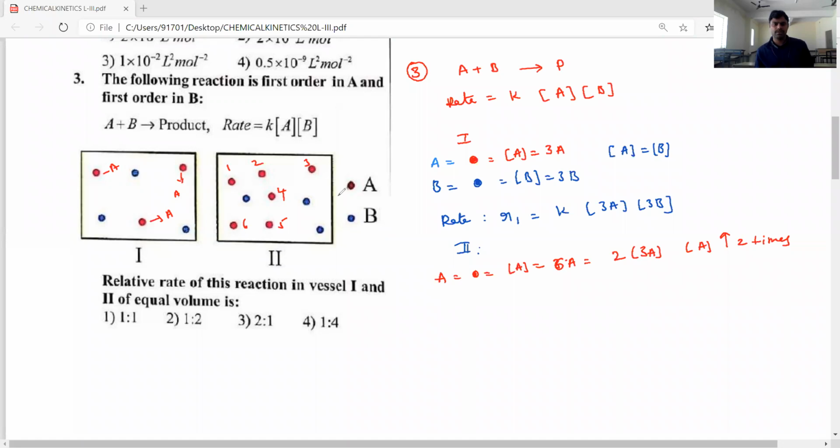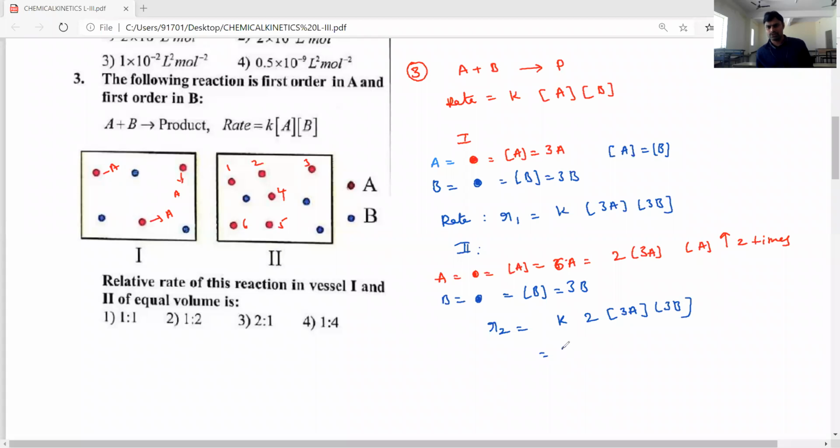But the concentration of B, these blue color dots, how many are present? 3 only. The concentration of B is 3B only. Okay, now for this case the rate r2 is equal to k into 2 into 3A into 3B.